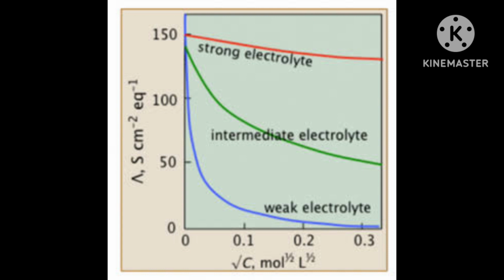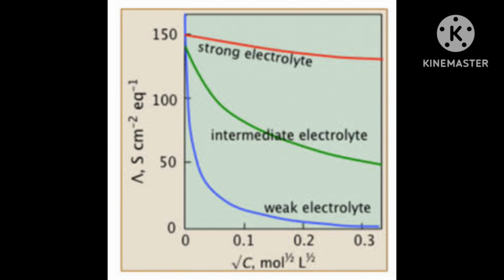If concentration is more, then conductivity will be more. That you know in a general way, because number of ions will be more. Suppose 1 mole per liter NaCl was there. Now you make 2 mole per liter.